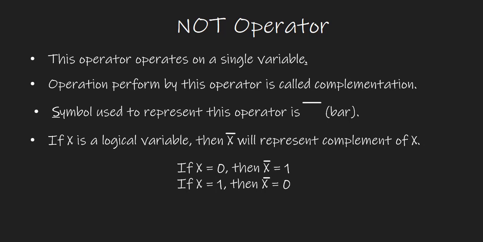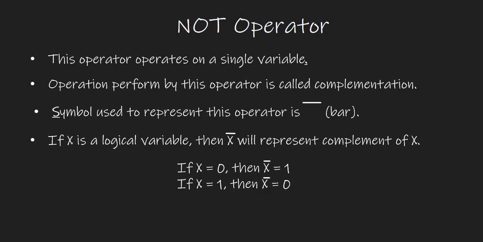Since x is a logical variable, it can have the value 0 or it can have the value 1. So if x stores 0, then x bar will be equal to 1, and if x stores 1, then x bar will be equal to 0.